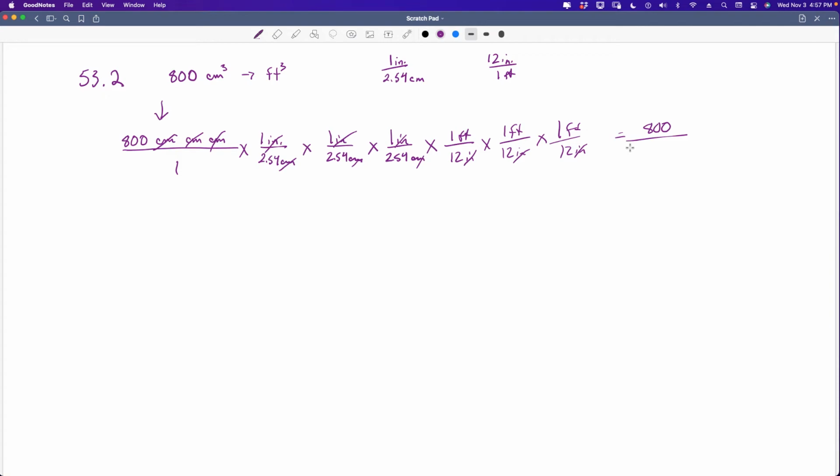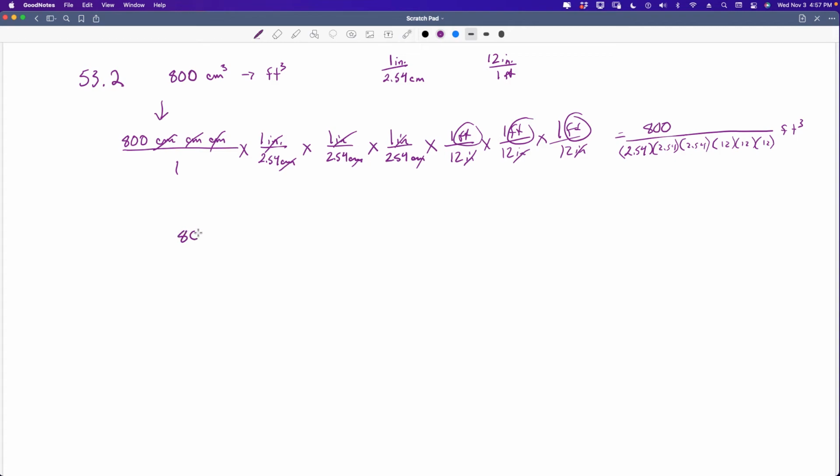And then we have 2.54 times 2.54 times 2.54 times 12 times 12 times 12 feet cubed, because we have 1, 2, 3 feet. All right, same result, right? But we're going to do it faster. Just watch, because this is going to be so much faster.